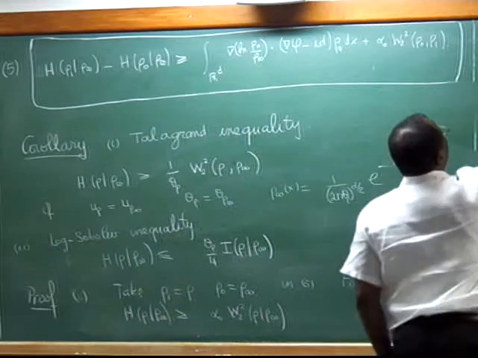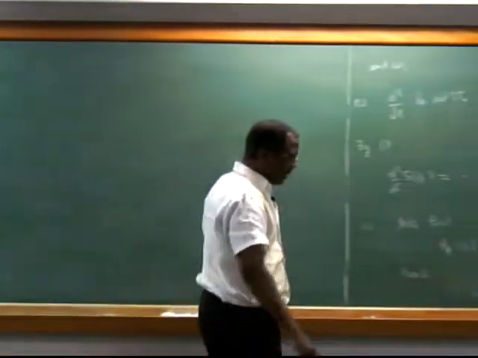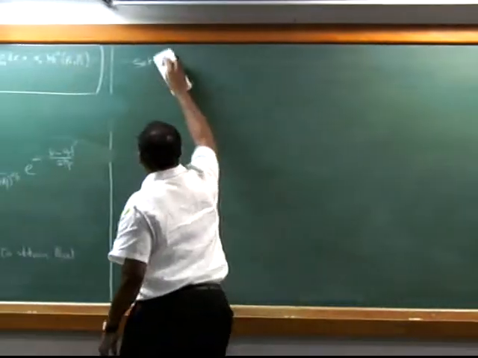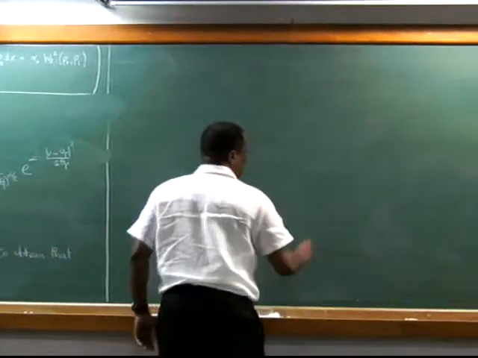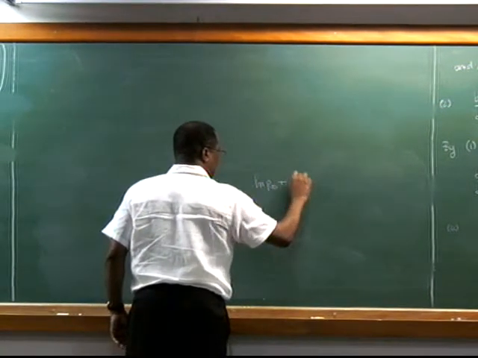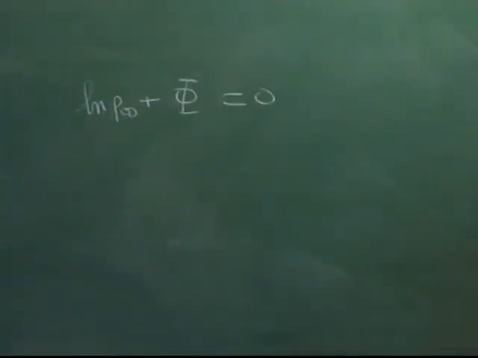So set, I want to choose a phi such that log of rho infinity plus phi equals 0.